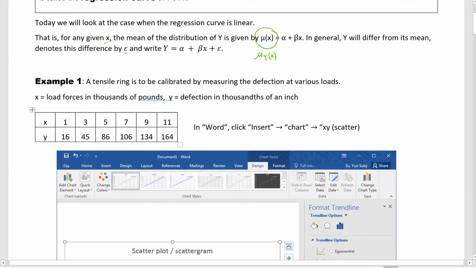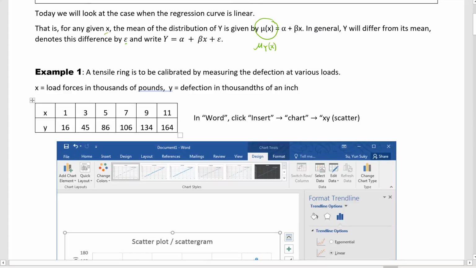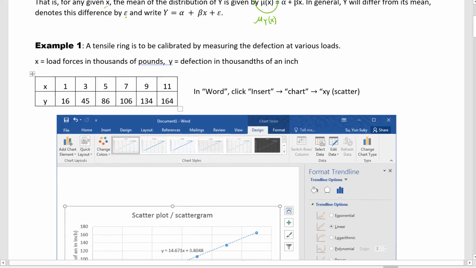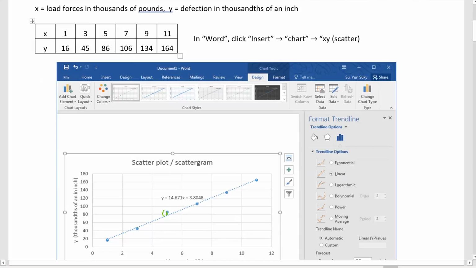Example 1: a tensile ring is to be calibrated by measuring the deflection under various loads. x equals load force in thousands of pounds. y is the deflection in thousandths of an inch. Here you can see we have a table of x values and y values, which are points. In Word, you can click Insert, then choose Charts and choose XY scatter.